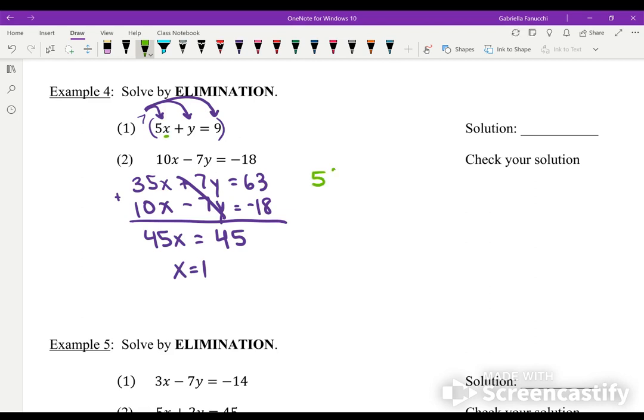So 5 times 1 plus y is equal to 9. Well, 5 plus y is equal to 9. Minus the 5, I got y is equal to 4. My solution is 1, 4. And again, you can go ahead and check your solution by plugging it into both equations.